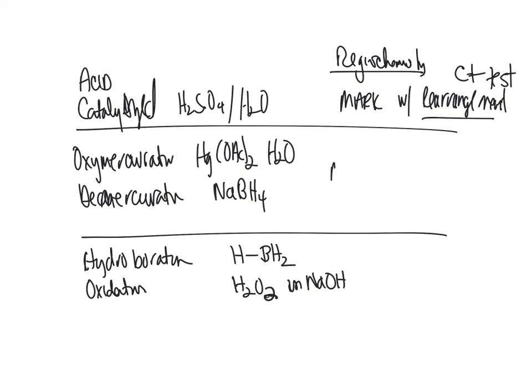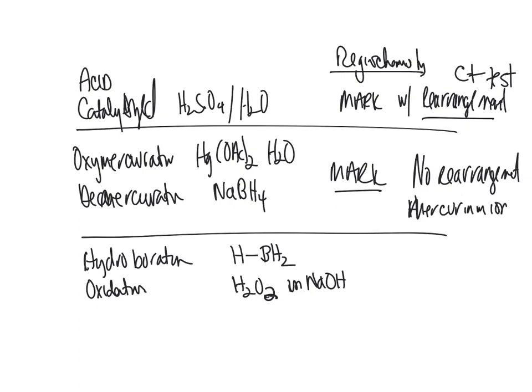Regiochemistry for oxymercuration is Markovnikov, and you have no rearrangements because that mercurinium ion will lock in that delta positive on the more substituted carbon, and that will direct your nucleophile.